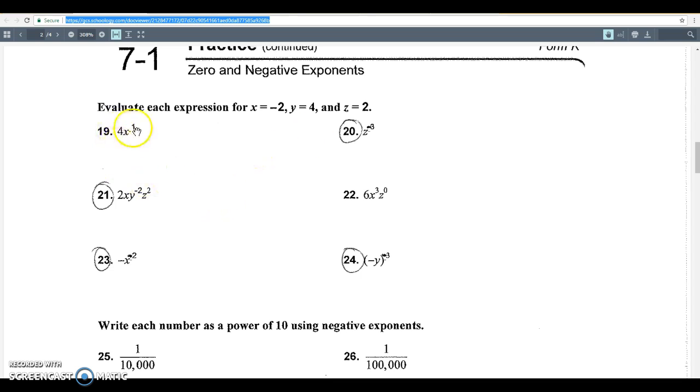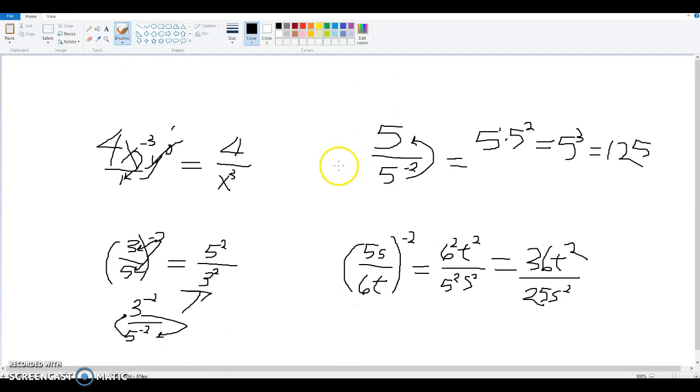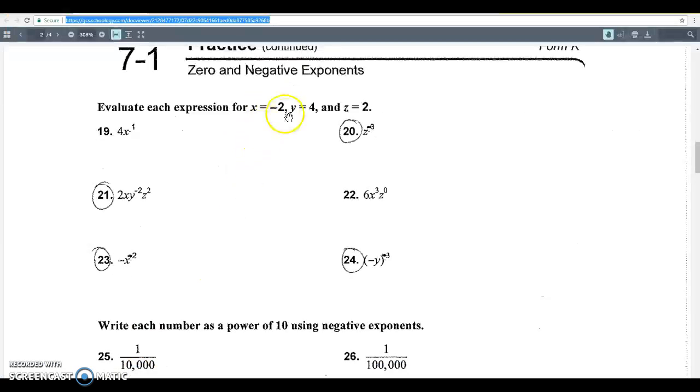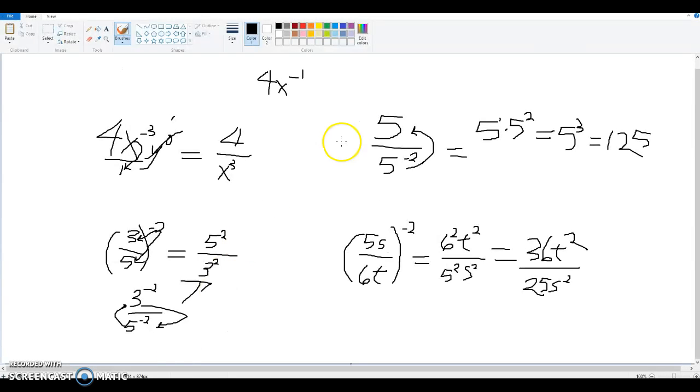You're just putting it in. Let's just do number 19. We've got 4x to the negative 1, and we have a value for x of negative 2.